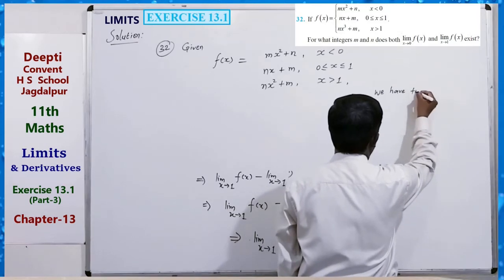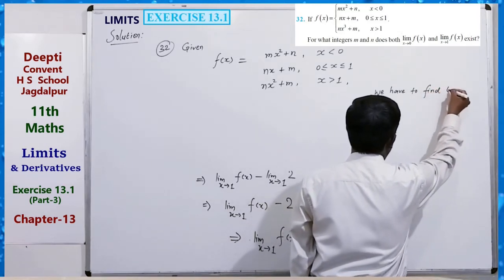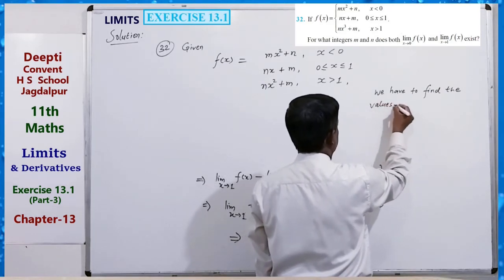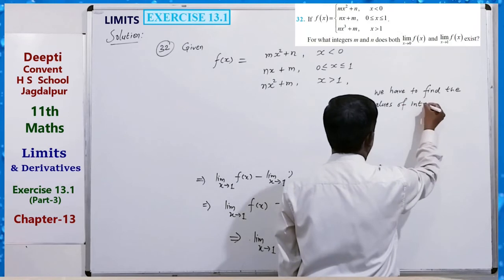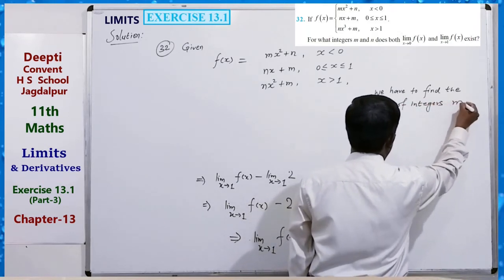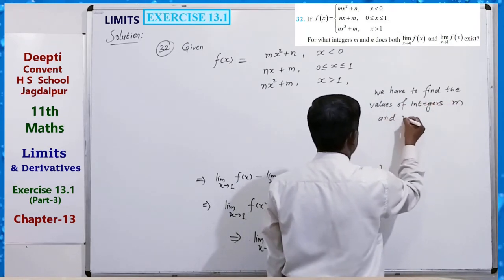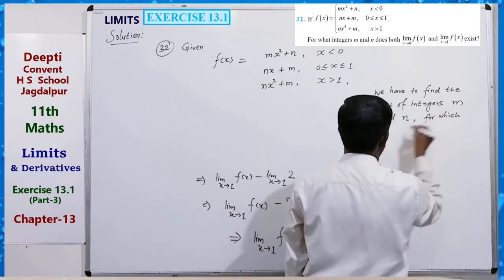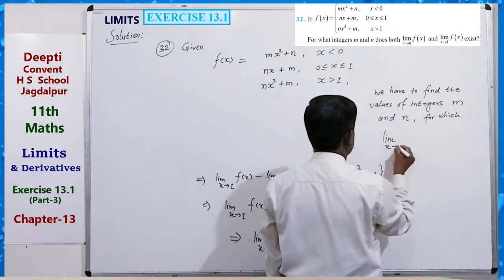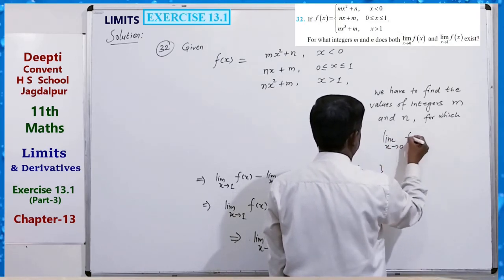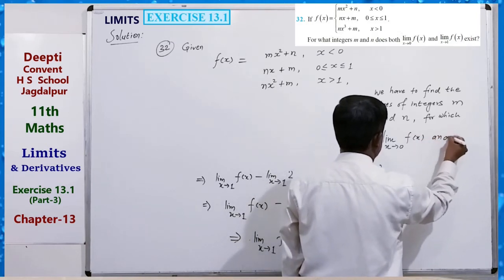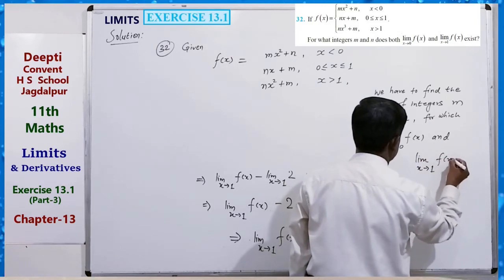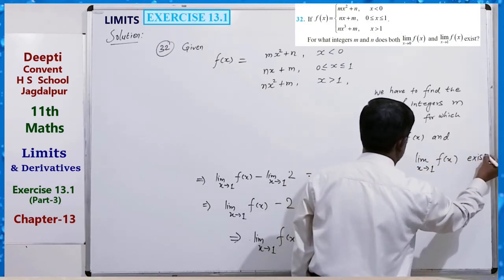We have to find the values of integers m and n for which limit x tending to 0 f(x) and x tending to 1 f(x) exist.